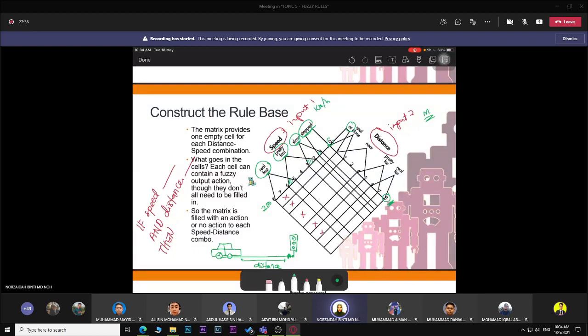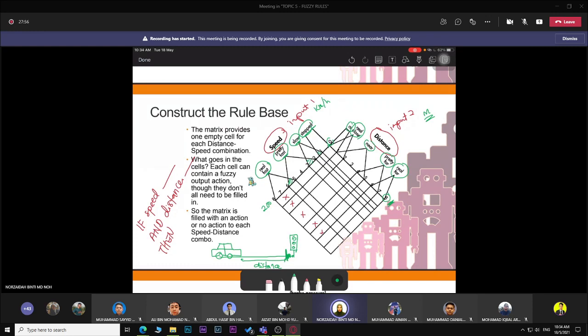Okay, so dia ada distance, dia ada at mungkin maksudnya dia dah sampai kat sini. Real close, mungkin dalam 2-3 meter dah nak sampai. Near, you have pretty far and real far. Okay, so dia ada 5 sets dekat distance.